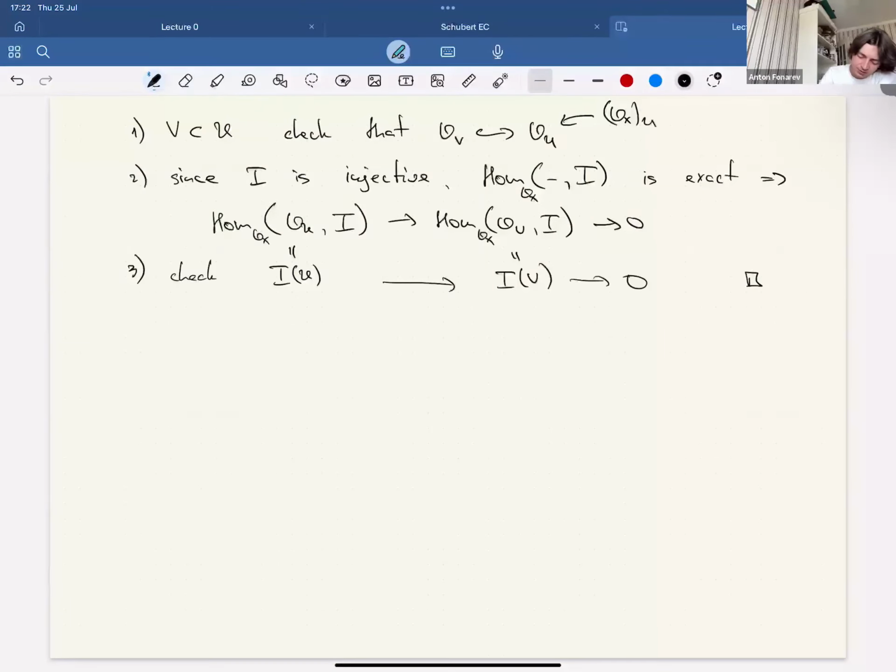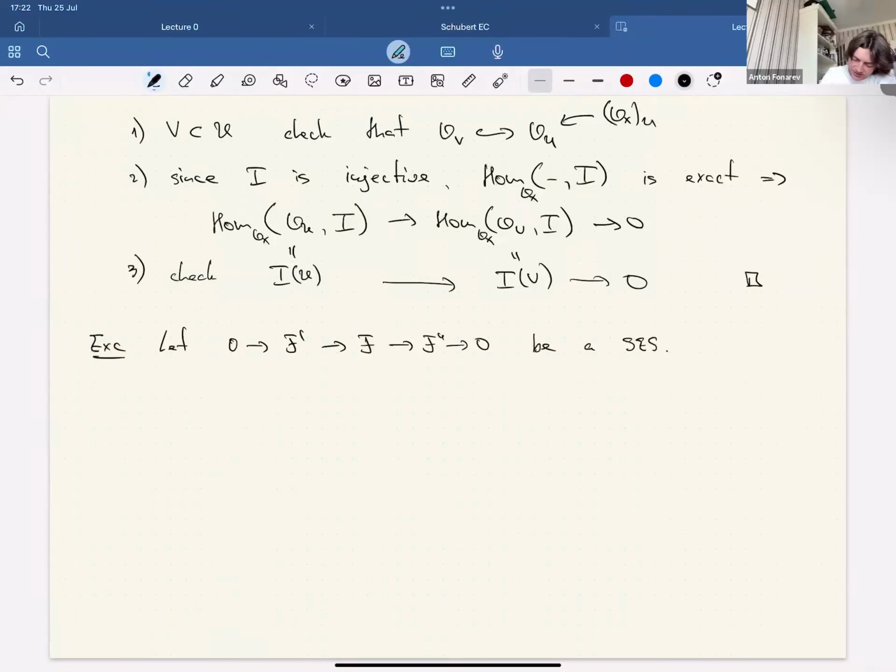So here is a very good exercise for you. Consider a short exact sequence of sheaves. This is an easy exercise.